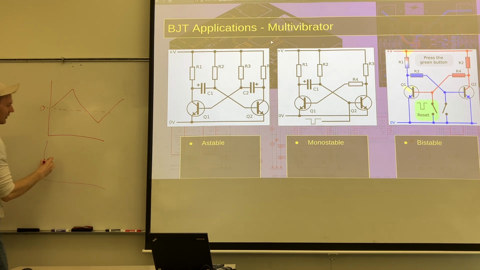If you want to, you can offset this and have it rise really rapidly, lower slower, rise really rapidly, lower slower. So you can do some interesting wave shaping with this, basically.